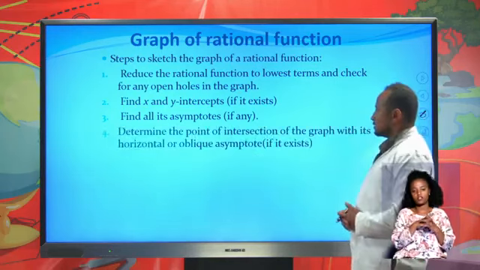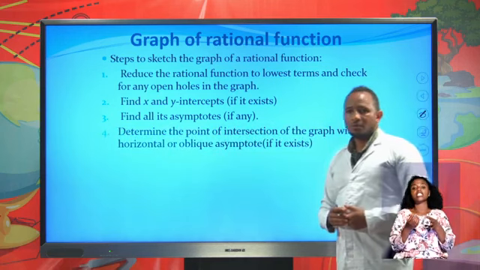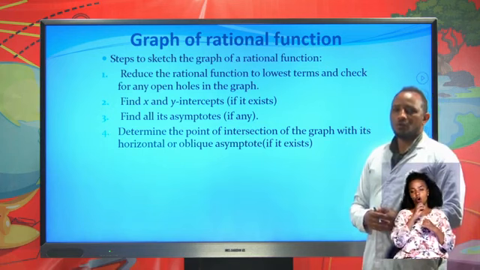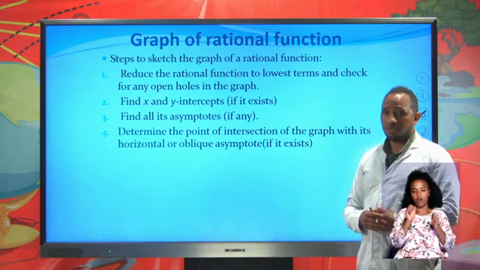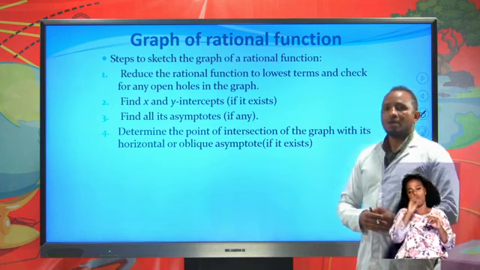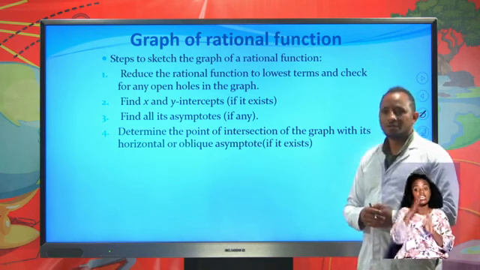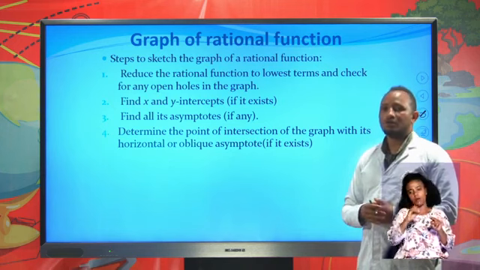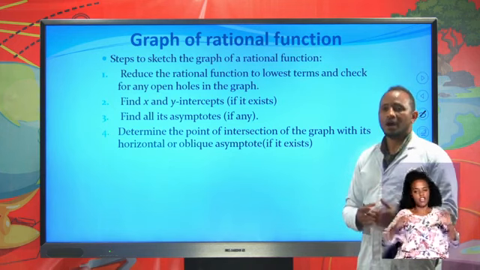Next, determine the point of intersection of the graph with its horizontal or oblique asymptote if it exists. By the way, a graph may cross its horizontal or oblique asymptote, but it can never cross its vertical asymptote.